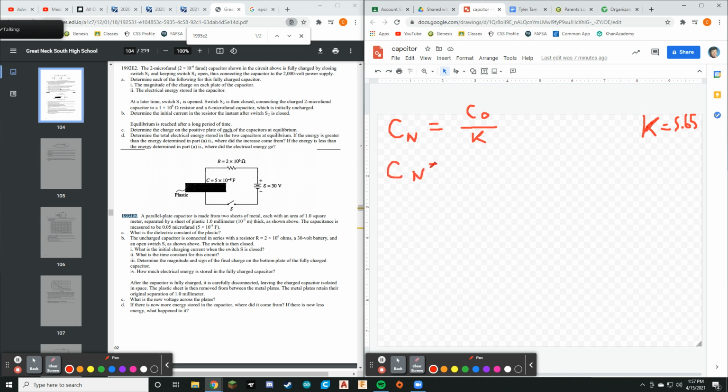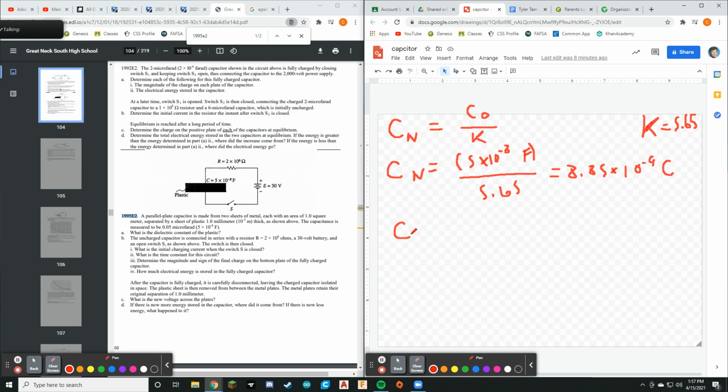So the new capacitance is going to be the old one divided by our dielectric constant, and that will equal 8.85 times 10 to the negative 9th farads.